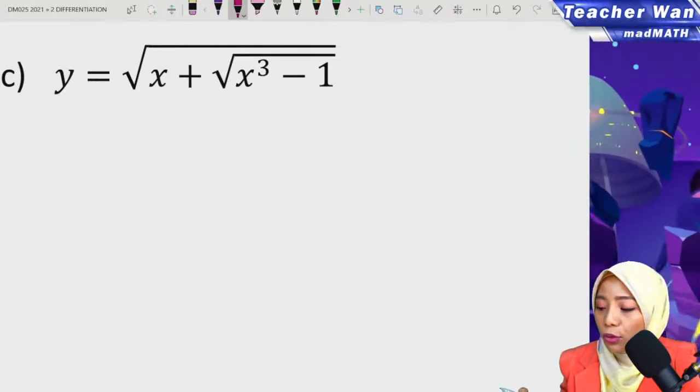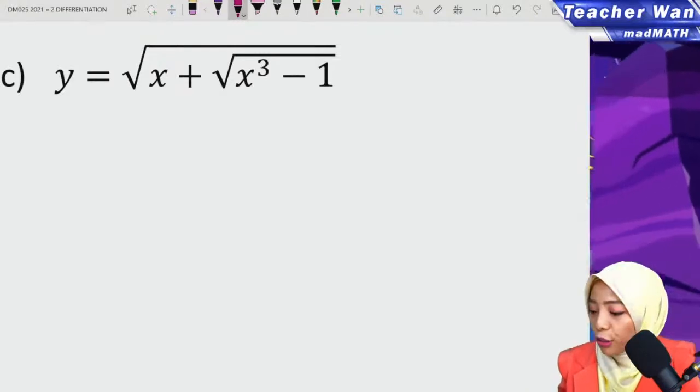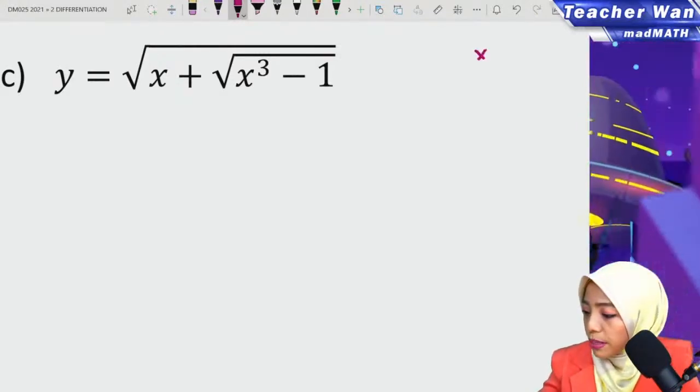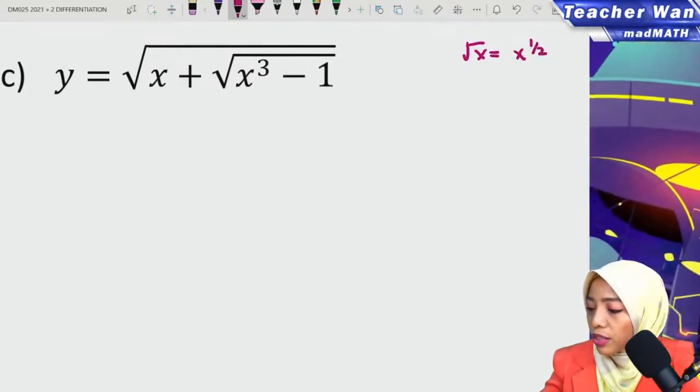But if you change the root to the power of 1 over 2, it will become easier for you. Always bear in mind that root x is equal to x to the power of 1 over 2.